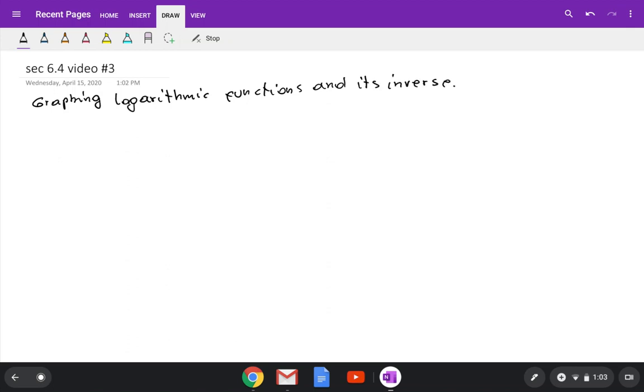So I'm going to do one example from your textbook, page 449. This is number 73. Here they give you the logarithmic function f of x equals ln of x plus 4. They want you to do a couple of things. A, graph f of x using transformations.